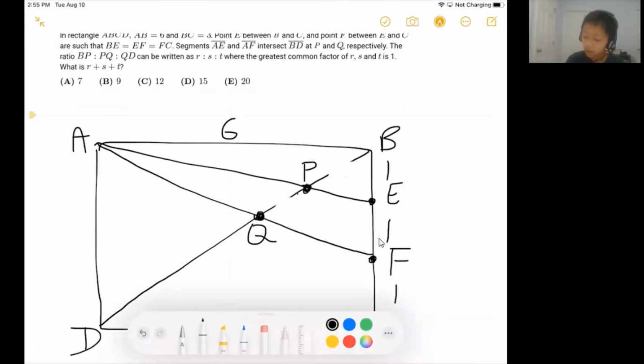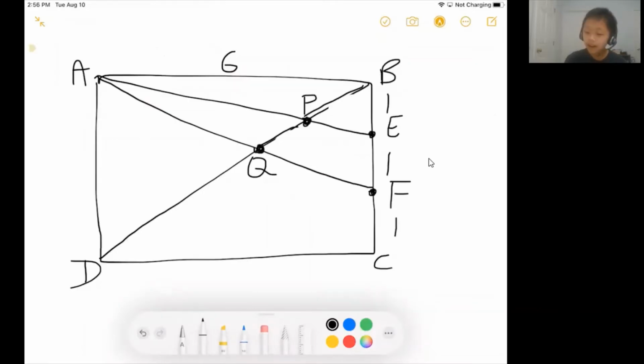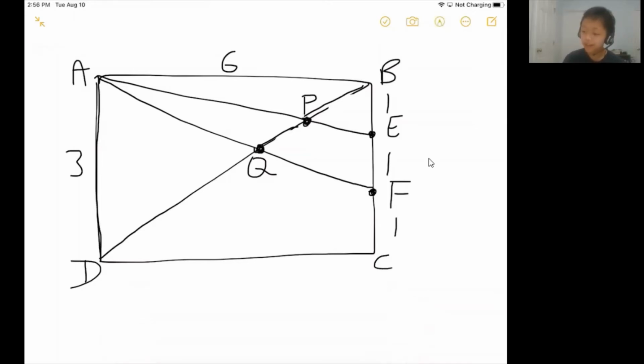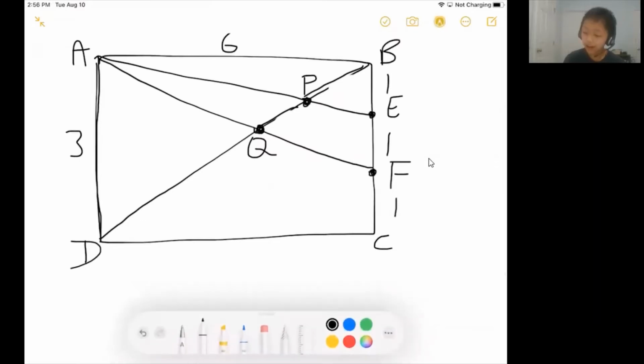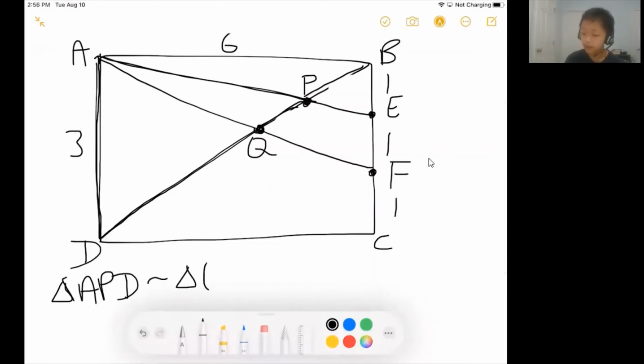All right, so the important thing about this question is something called similar triangles. So AD has length 3, right? One observation we can immediately get is that triangle APD is going to be similar to triangle EPB.